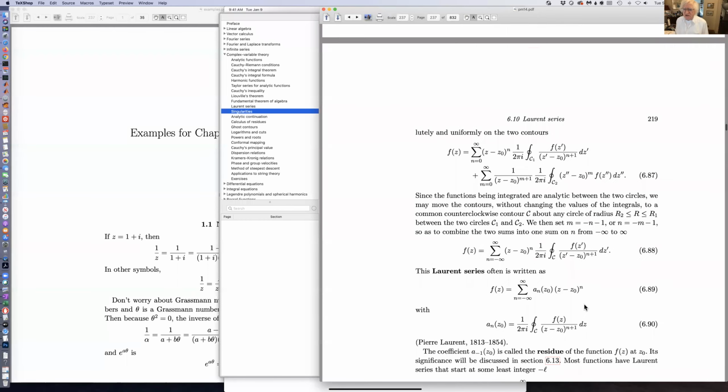Now, I like this term ghost contour, and the idea is that sometimes you're going to integrate a function. In fact, very often, most often in physics, when you're supposed to integrate something, we have an integral along the real line, and it goes from one point to another point on the real line.